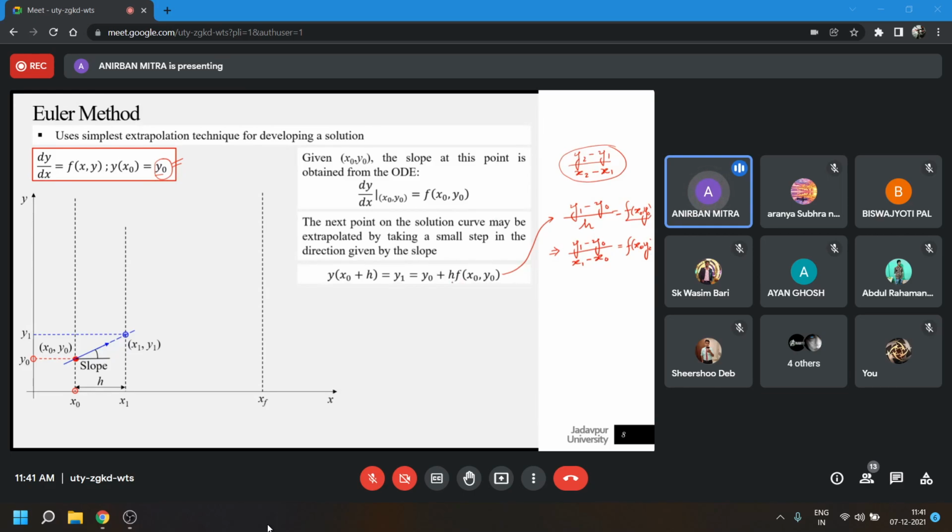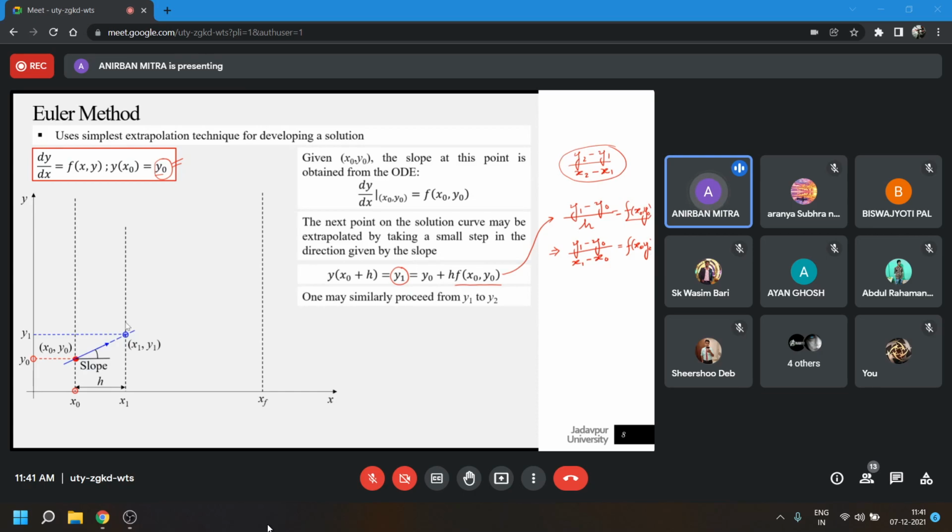So the given values can be plugged into this function to obtain the slope. So everything on the right hand side is known to us. It is just a matter of calculation to obtain this y1. If we obtain this y1, then we know this second point. x1 is known, y1 is known. So we have calculated the next coordinate in the solution curve.